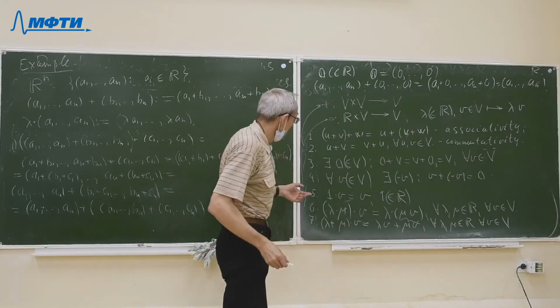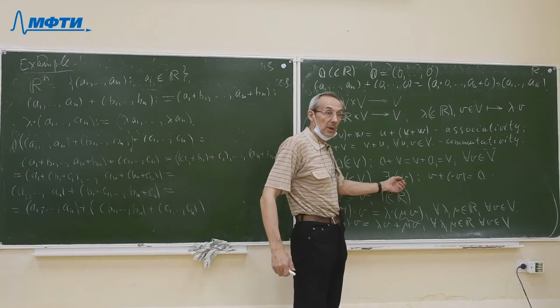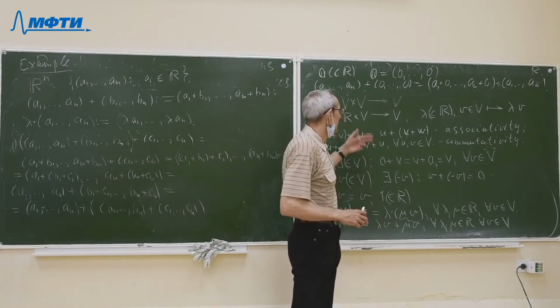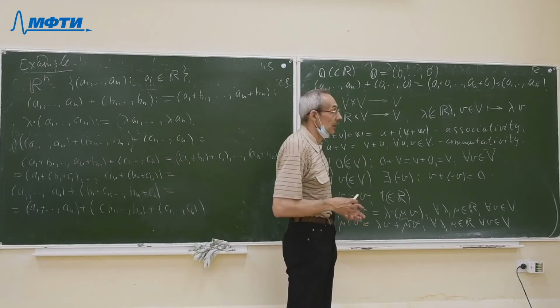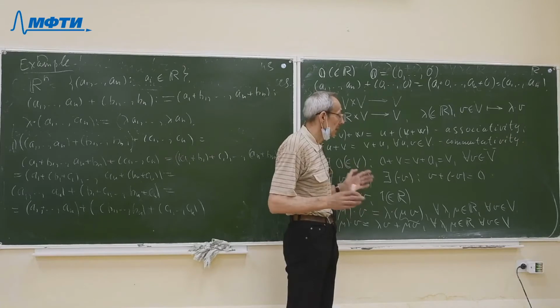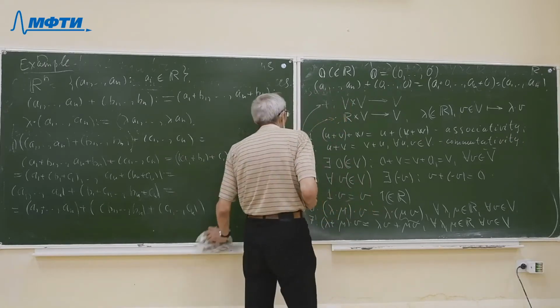If we have some n-tuple v, the opposite element is the n-tuple which contains the same elements a1, an with opposite signs.